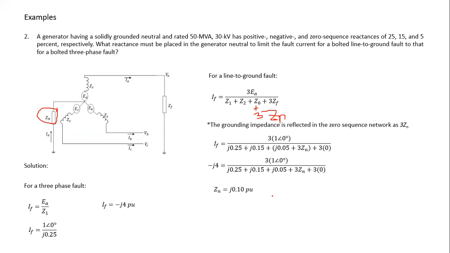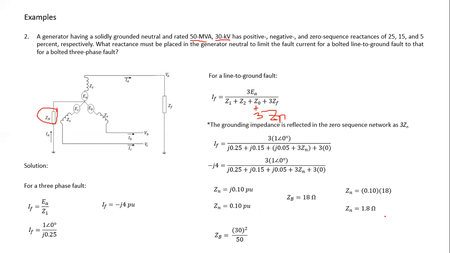So we determine first the base impedance to determine the reactance of ZN. This is the magnitude of ZN, 0.1 per unit. And the base impedance is 30 squared divided by 50, so that's 18. Then we calculate ZN, that is 0.1 multiplied by 18.